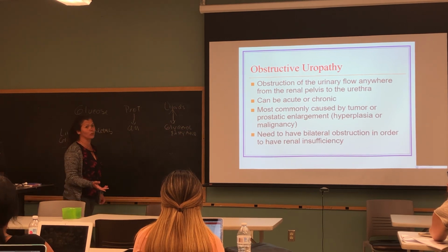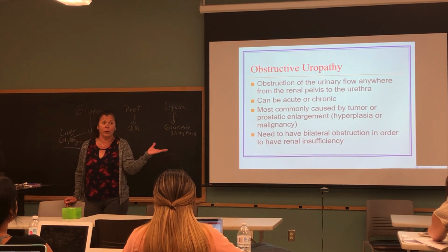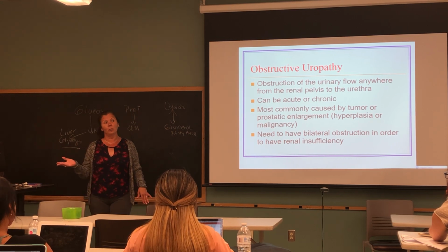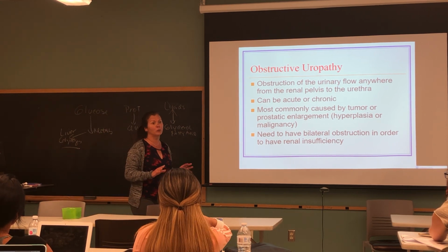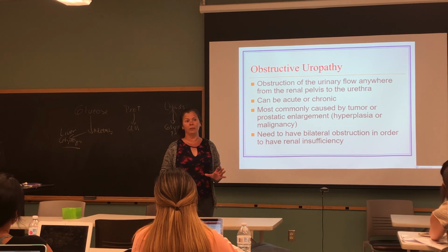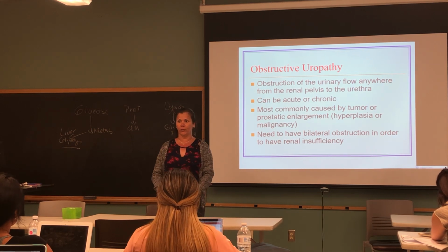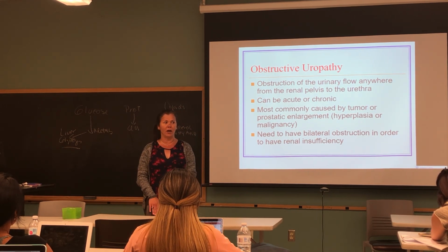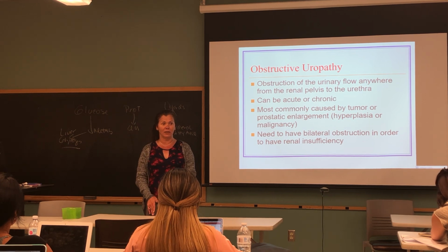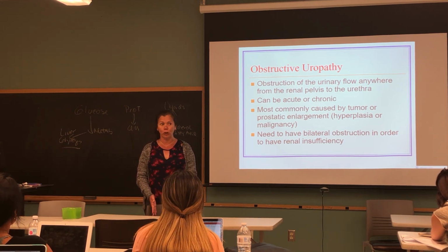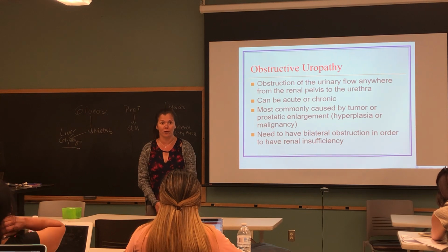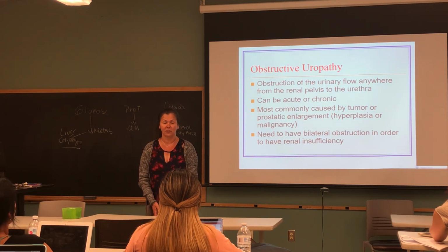Now the two easiest ones are pre-renal and post-renal. Post-renal is no more than anything that obstructs the outflow of urine once the urine is formed, coming out from the pelvis, and when I say pelvis, the renal pelvis, the ureter, the bladder, the urethra, and the prostate.